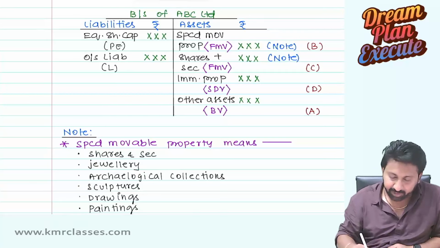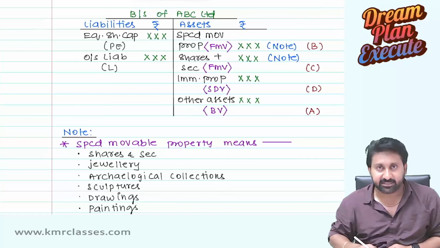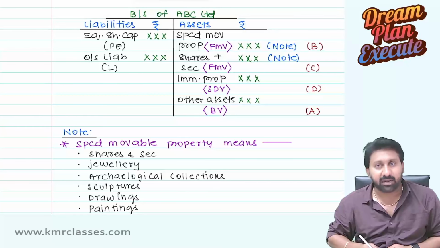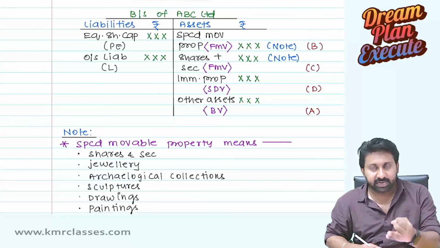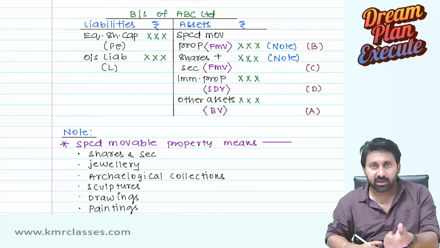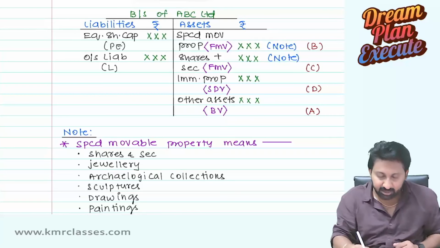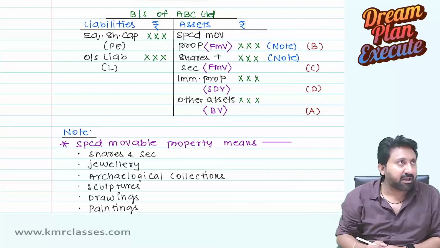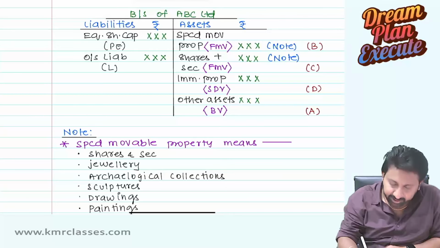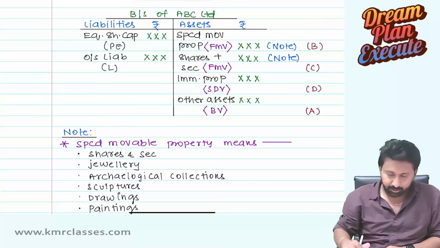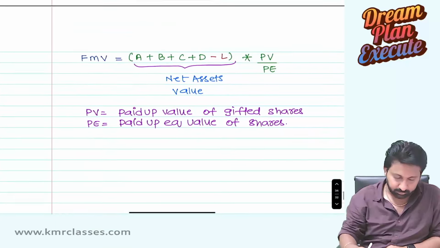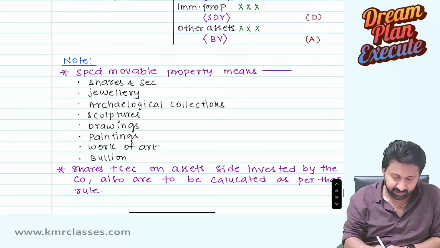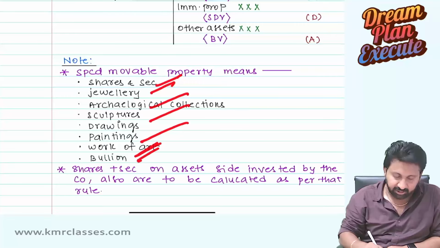Number 1, specified movable assets: jewelry, sculptures, works of art, drawings, paintings, archaeological collections, bullion. Take all those values. For all of them, there will be a running market value on the valuation date. Take that FMV. Note. See here, these are all the things.